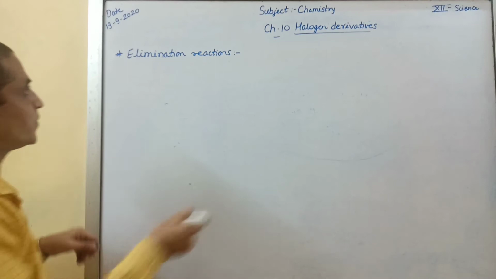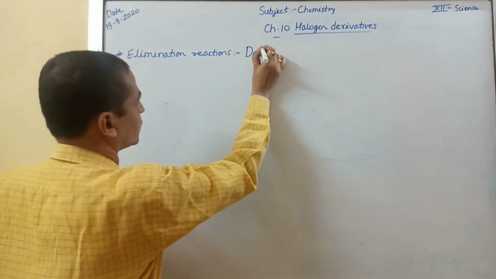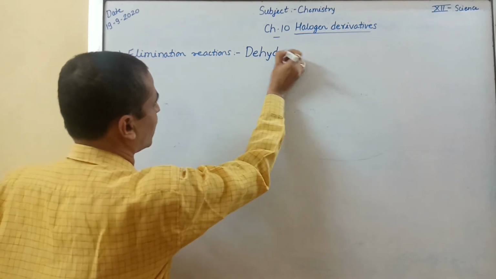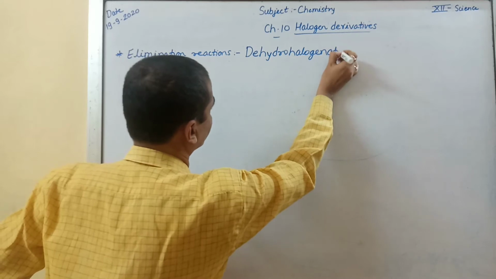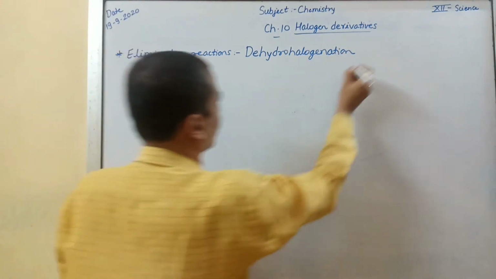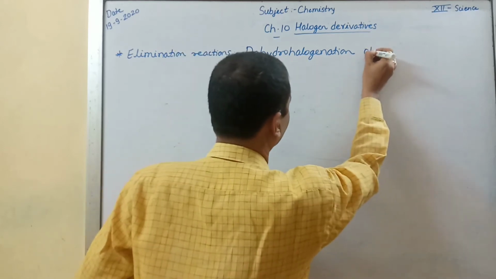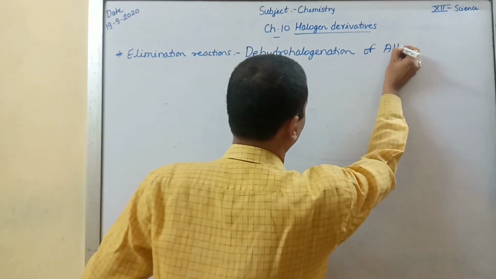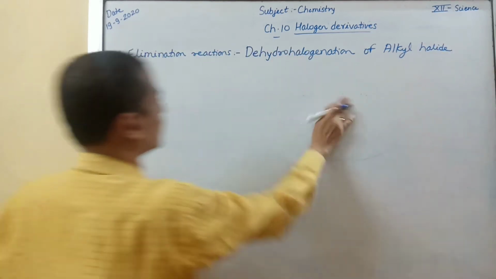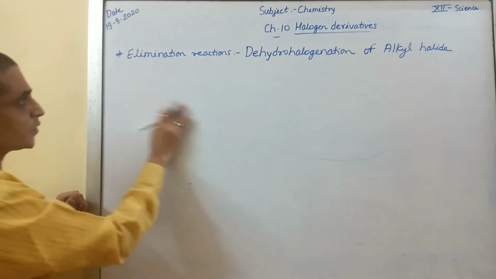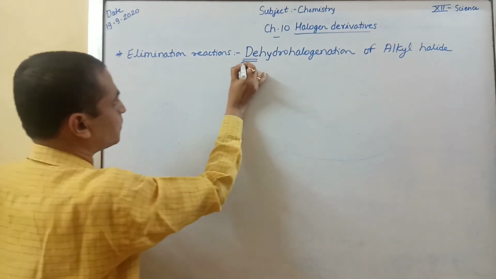So we will start. These reactions are also called as what? We will study dehydrohalogenation. Of what? We are going to study dehydrohalogenation of alkyl halide. Now, de means what?